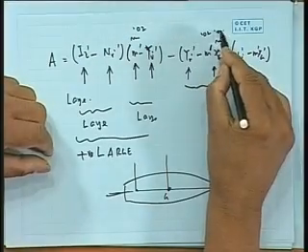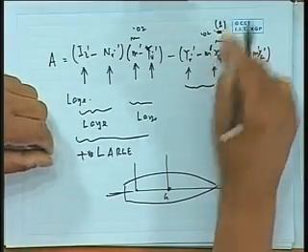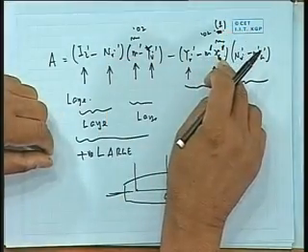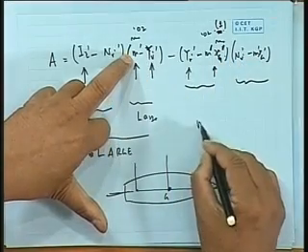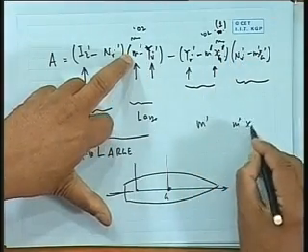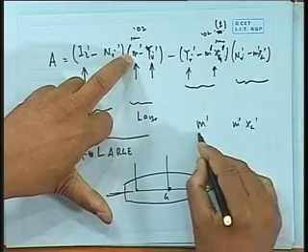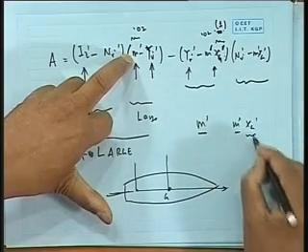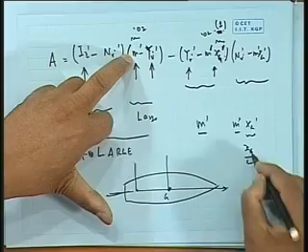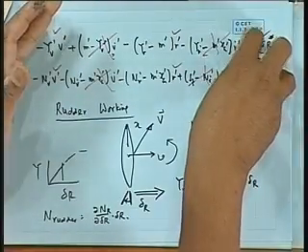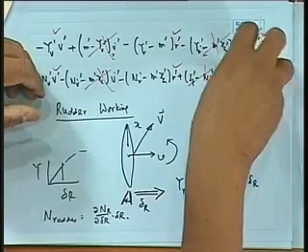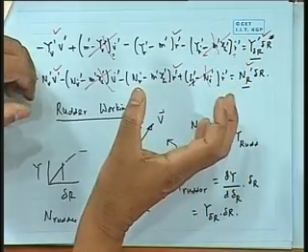Regardless of that, unless it is of the order of 1, this will not cancel with that. See, m dash and m dash x, you compare this term, this and this. These and these are same, but this is of course xg by L, which is of course much smaller than 1.